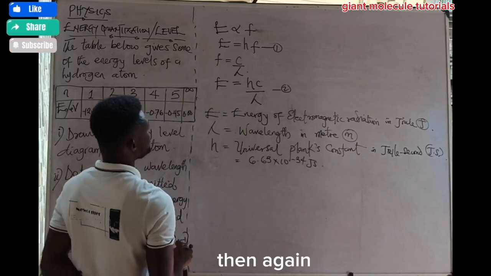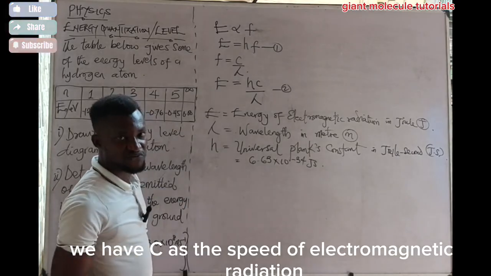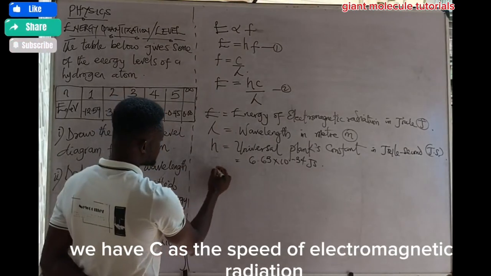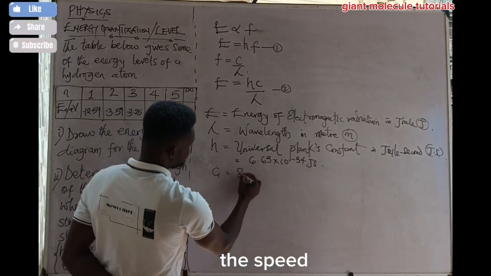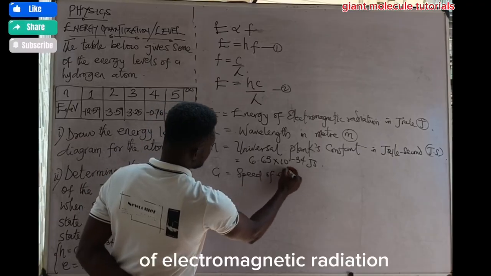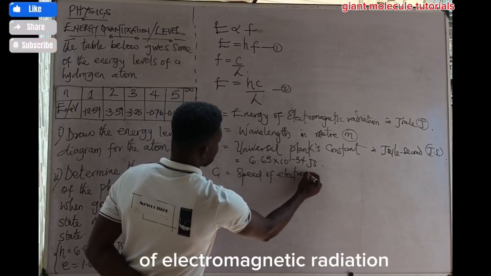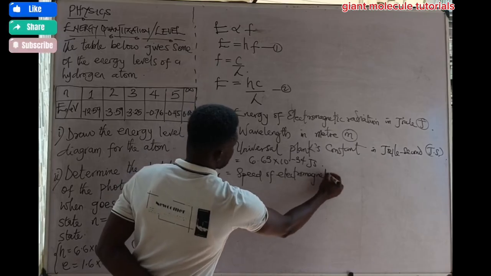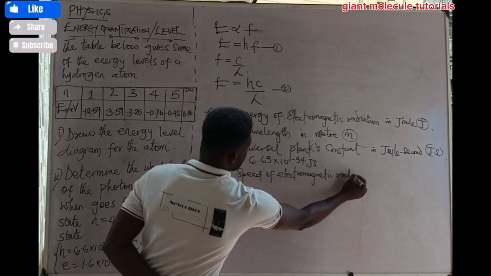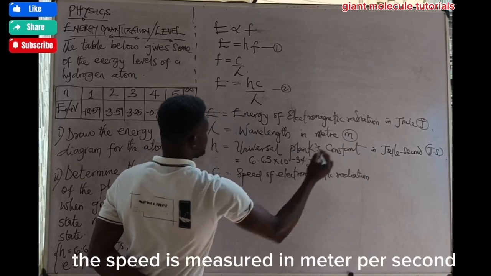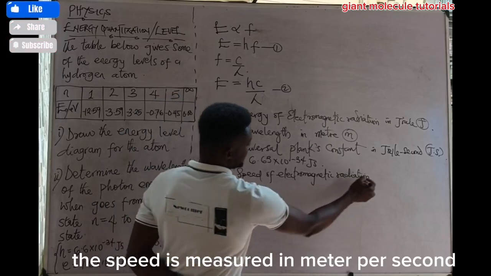Then again, we have c as the speed of electromagnetic radiation. The speed is measured in meters per second.